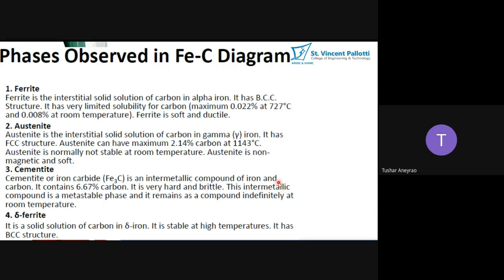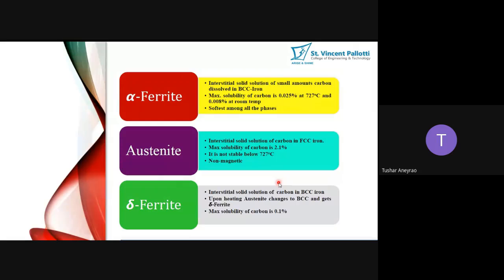Then delta ferrite. It is the solid solution of carbon in delta iron. It is stable and it is also an interstitial solid solution, right? It is not at all a substitutional solid solution. It is stable at high temperatures and it has a BCC structure. Again, the same things are written with a different kind of presentation here.